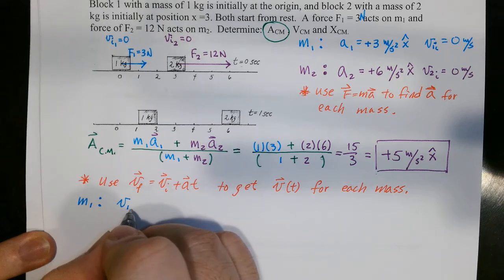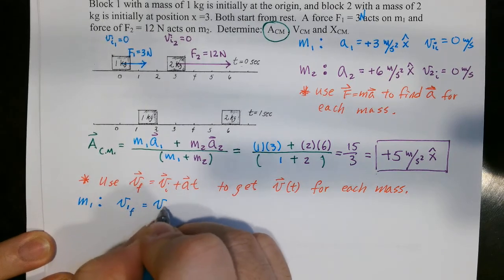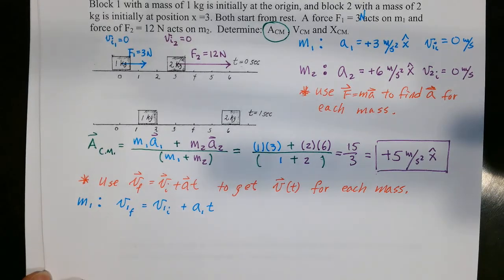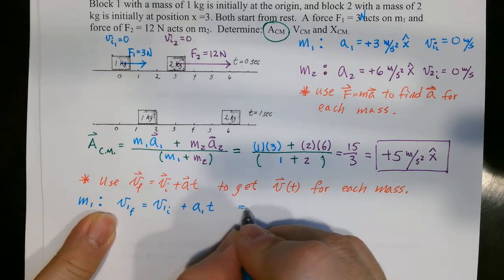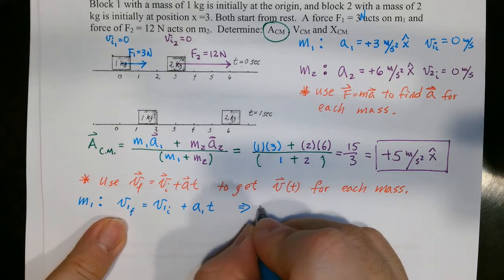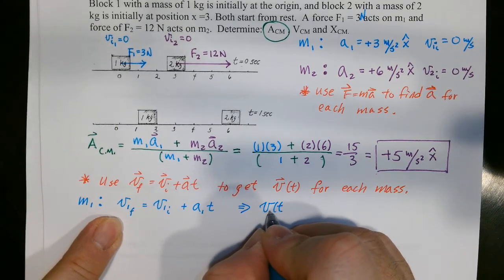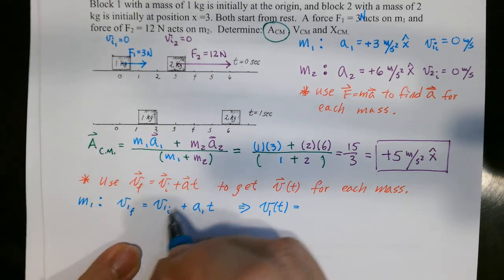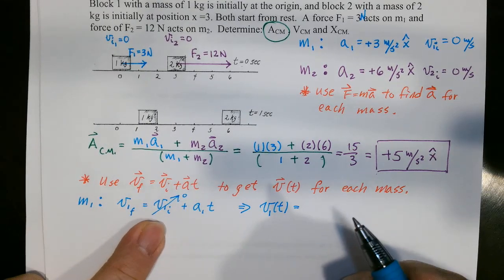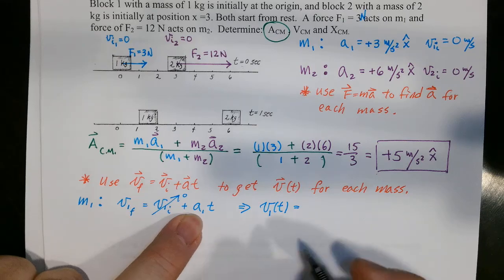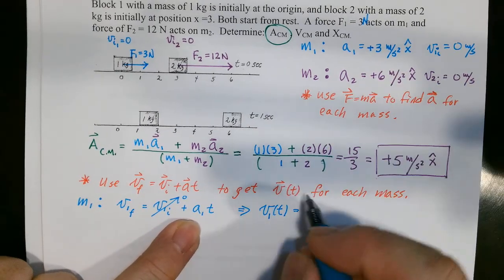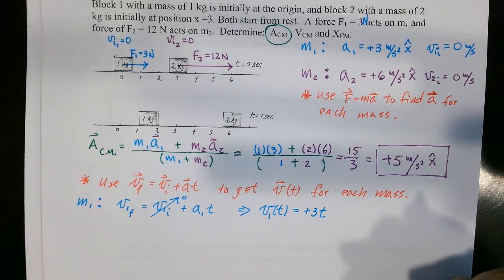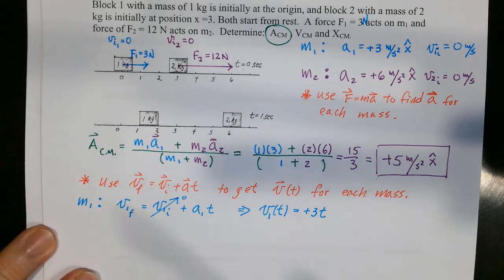V1 final is equal to V1 initial plus A1t, right? So basically, V1 final, which is V1 of t, is equal to, you know, this goes to 0 because it is starting from rest, right? And A1 is 3, so we have positive 3t. Okay?